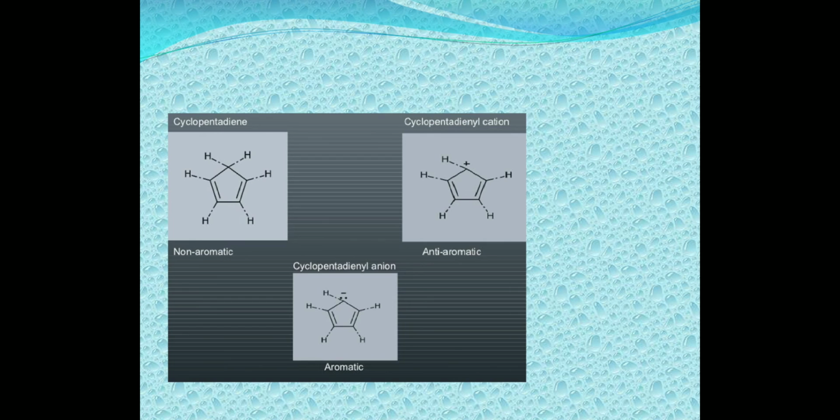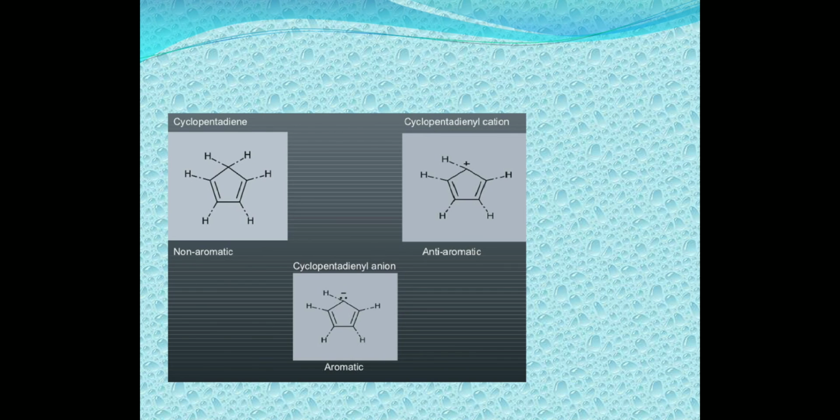Another set of examples: the first one is cyclopentadiene, the second is the cyclopentadienyl cation, and the third is the cyclopentadienyl anion. Cyclopentadiene, the neutral form, is non-aromatic because one of the carbon atoms is sp3 hybridized, so the molecule is non-planar.